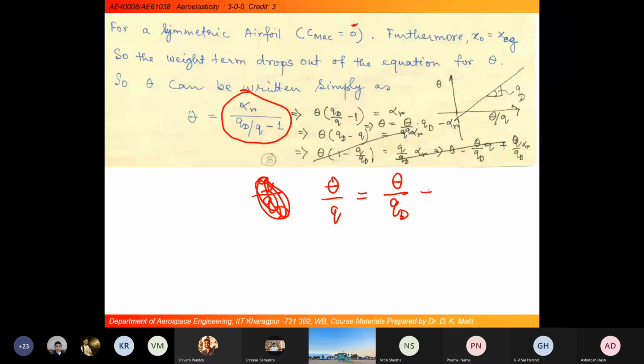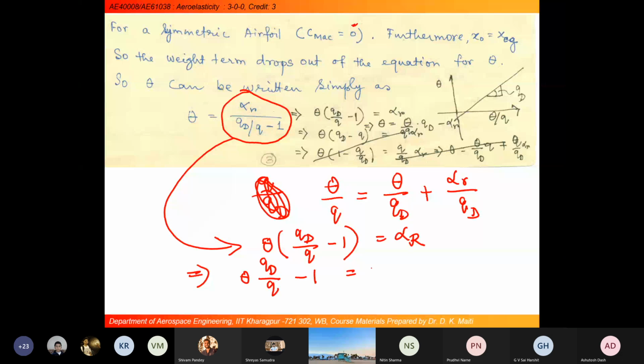Let me just simplify first: theta into qd by q minus 1 equals alpha r. So the whole thing divided by qd, it will be theta divided by q equal to theta by qd plus alpha r by qd.